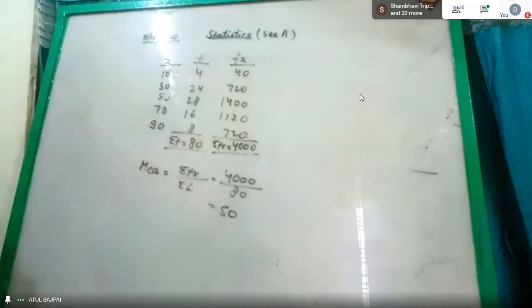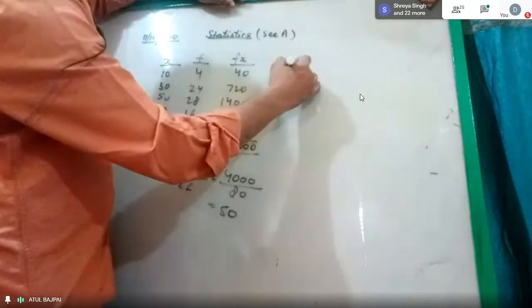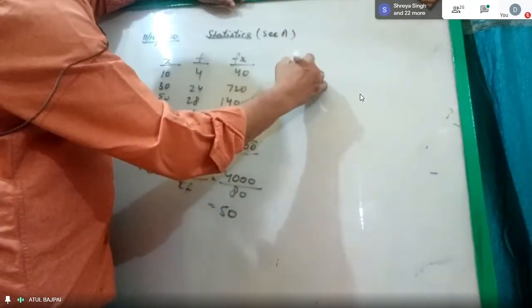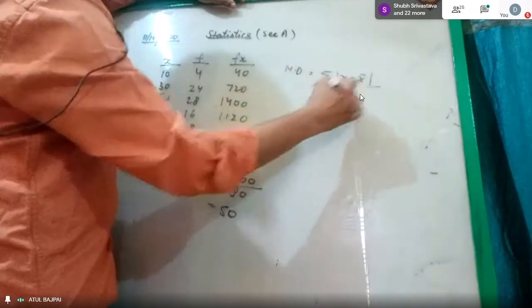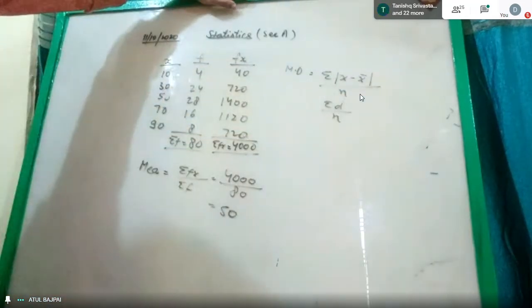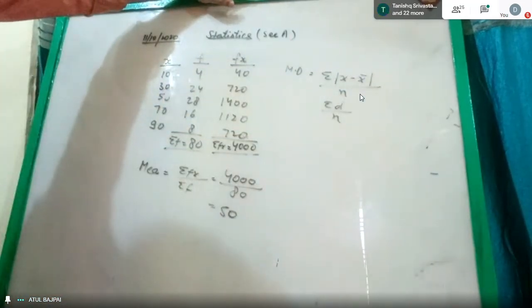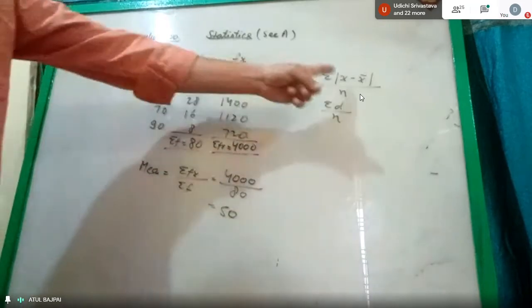Till here is it clear? Now, in the formula I gave before for MD about mean, I told you sigma of mod of x minus x bar upon n, that is sigma d upon n. There was no use of frequency there, because the questions had no frequency.